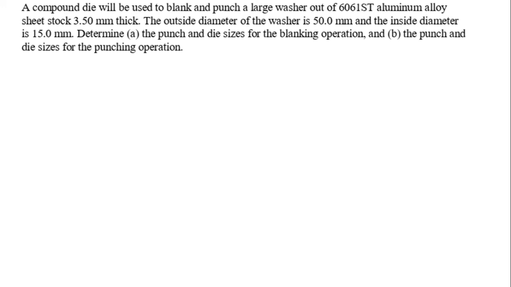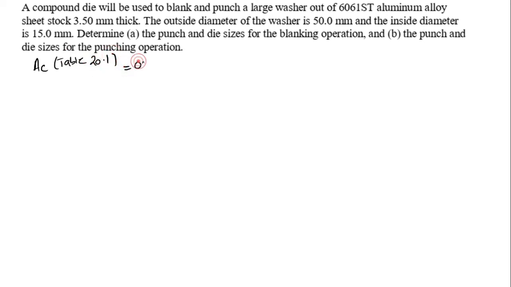So first of all, we look into the data that has been provided here. If you go into your course book, first of all you have to find out the AC from table 20.1. Obviously in the examination it will be provided to you.